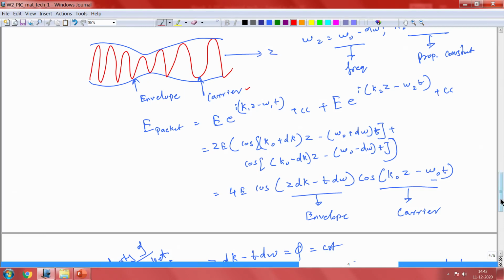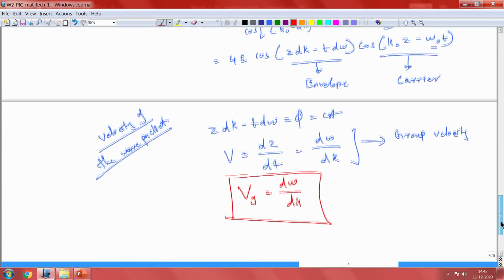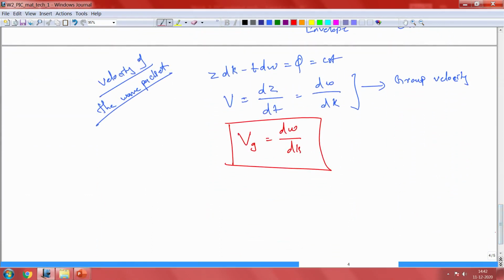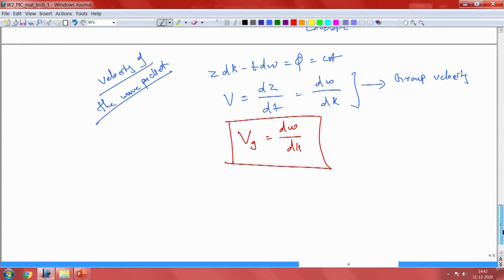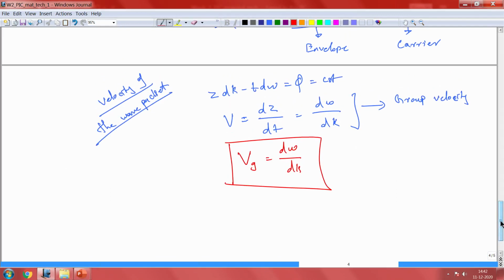Why it is critical to understand this packet of waves with different frequencies compared to a single frequency. In most communication networks, we use lasers with slightly wider line widths. That means you will have photons of slightly different energy, and at the same time we use light with different wavelengths altogether.